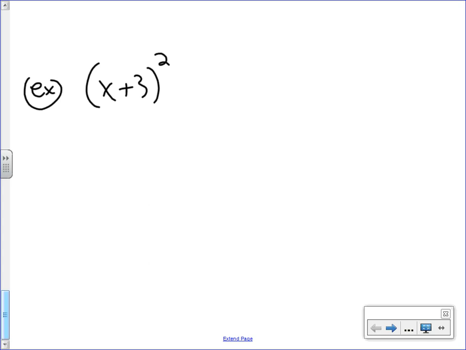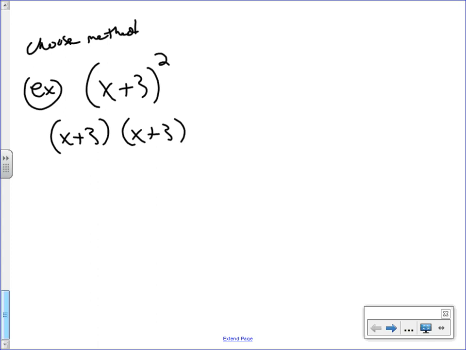x plus 3 quantity squared. Actually now this is choose your method, I guess. Okay, what you have to see about this problem is x plus 3 quantity squared is x plus 3 times x plus 3.